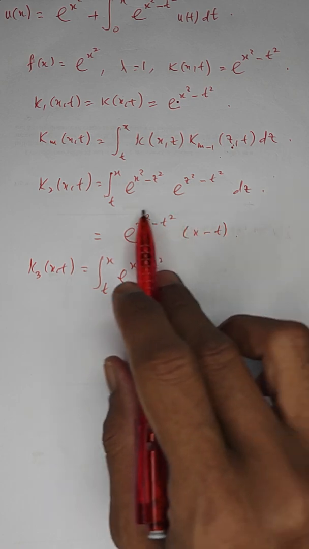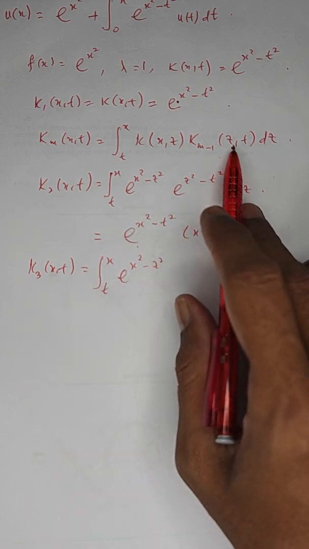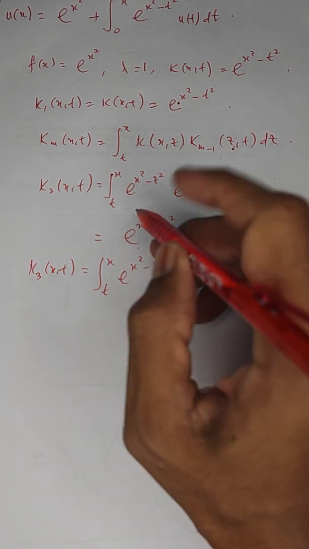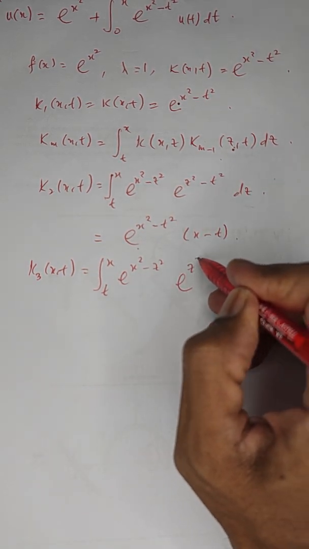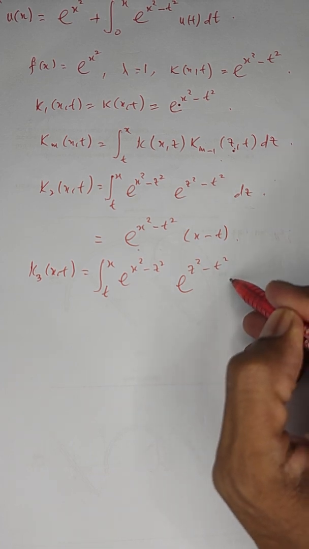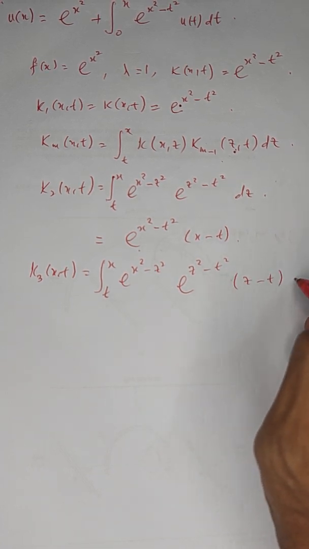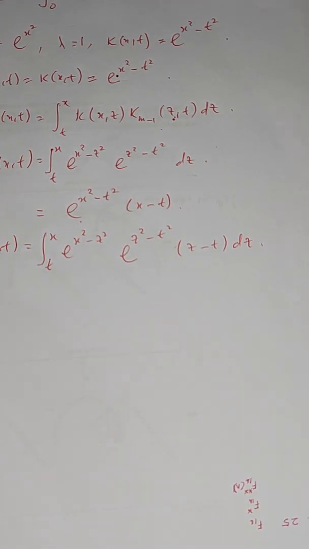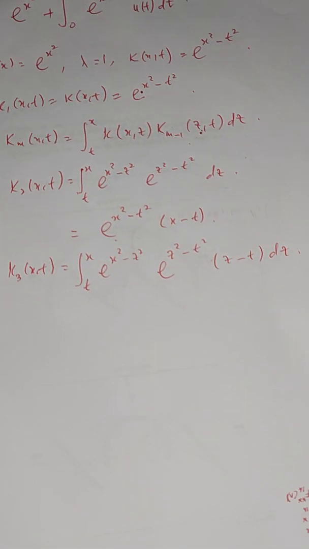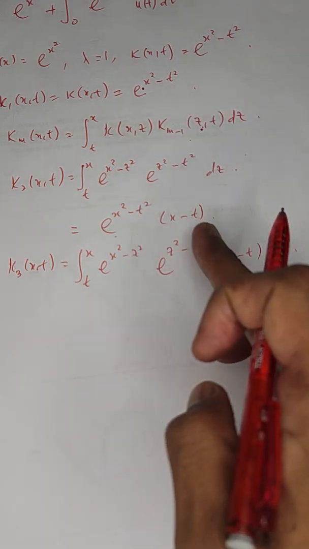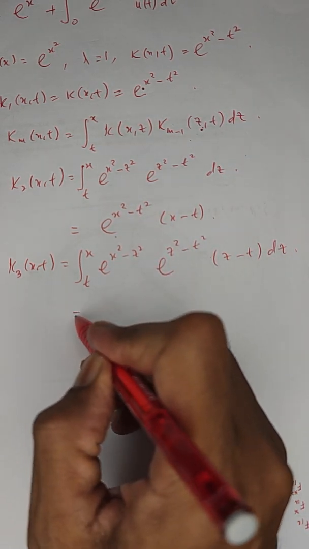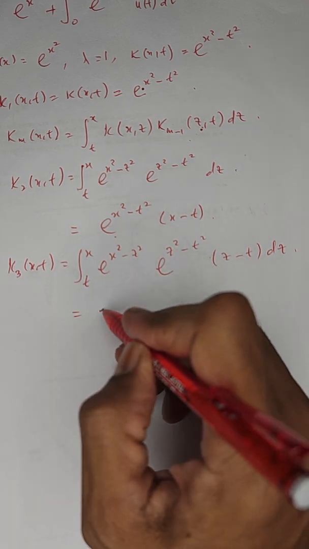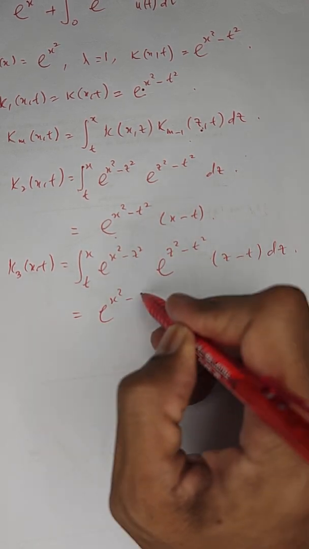So K2 is given as this, we change x with z, so we have e^(z^2 - t^2)(z - t) dz. If you solve this, you can see the pattern already. The e^(z^2) cancels out, so we have e^(x^2 - t^2).